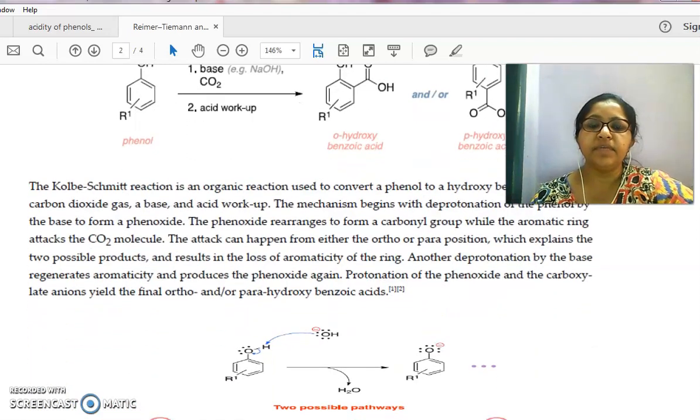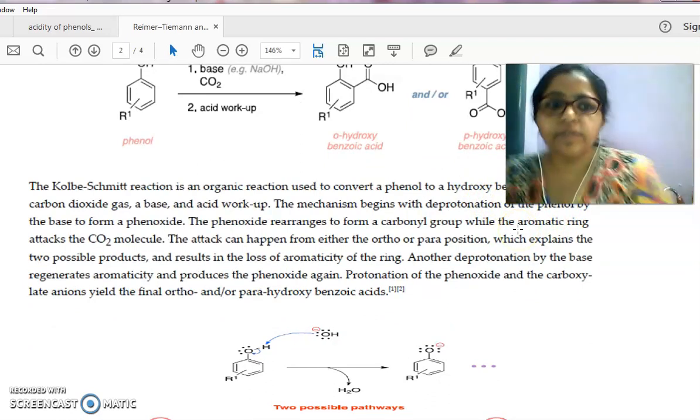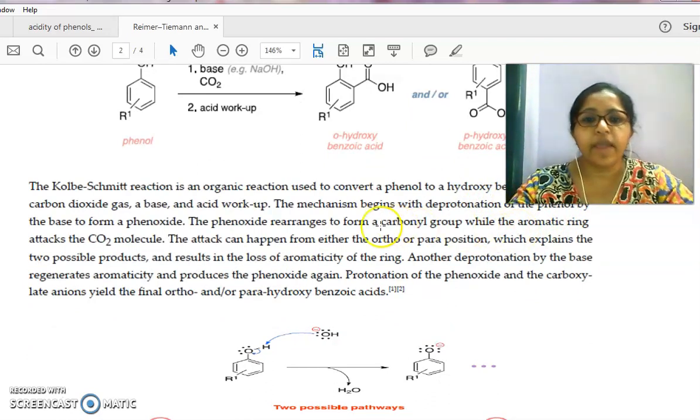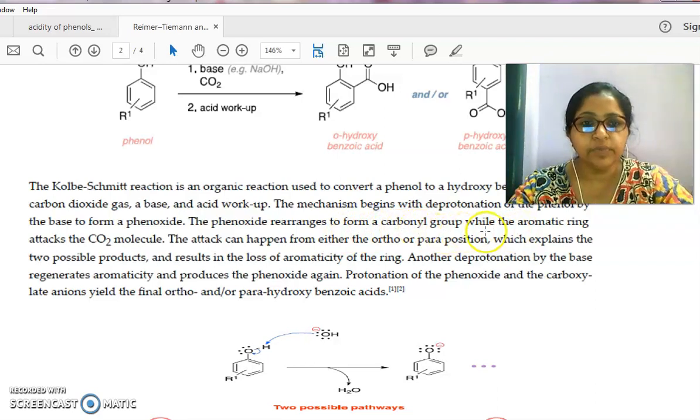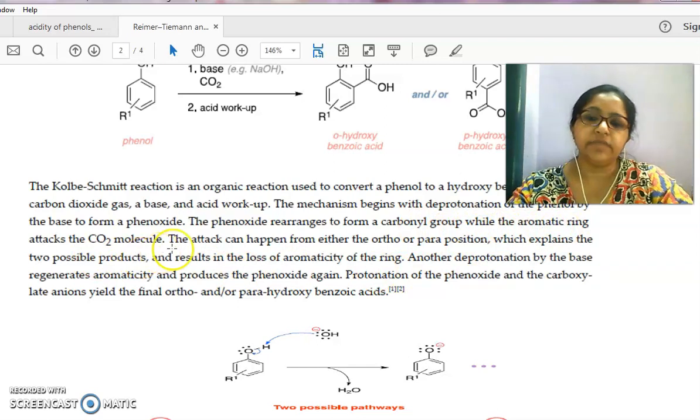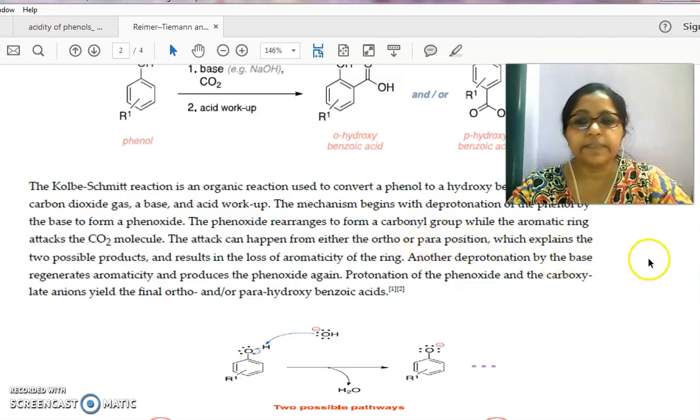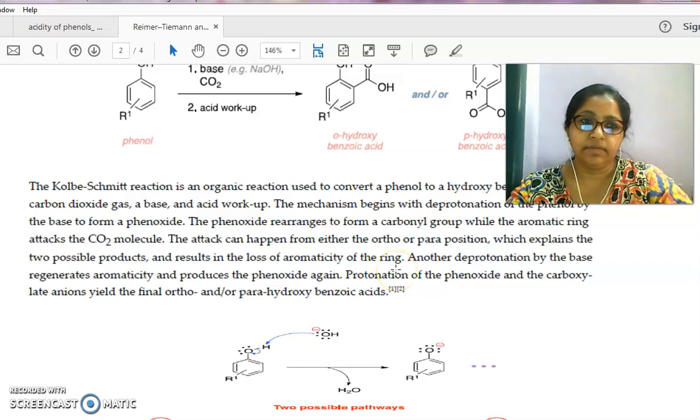The mechanism begins with the deprotonation of the phenol by the base to form the phenoxide. The phenoxide rearranges to form a carbonyl group, while the aromatic ring attacks the carbon dioxide molecule. The attack can happen from either the ortho or para position, which explains the two possible products and results in the loss of aromaticity of the ring, meaning one of the pi bonds will break from the ring.